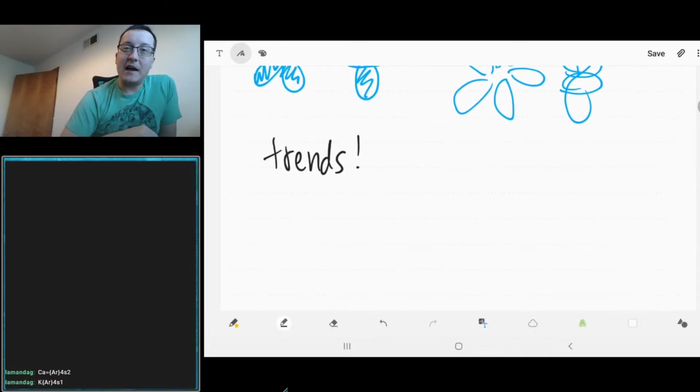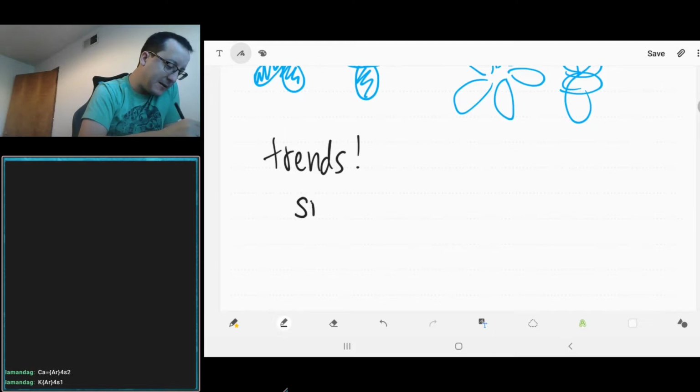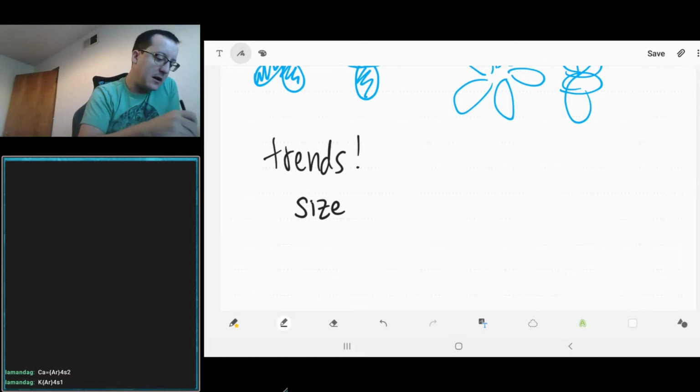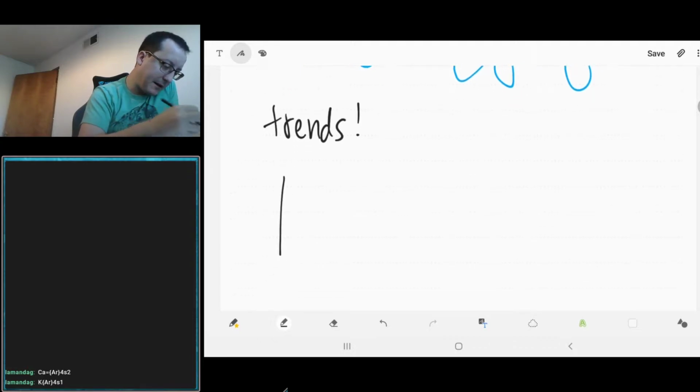So we're going to have a couple of trends we're going to talk about. The first one we can talk about is size. And we're going to see that the periodic table, which is organized according to atomic number, right? And has also got things sorted into groups that, actually, I guess we haven't really talked about this stuff. Before we go on to size, so periodic table. Here it is.